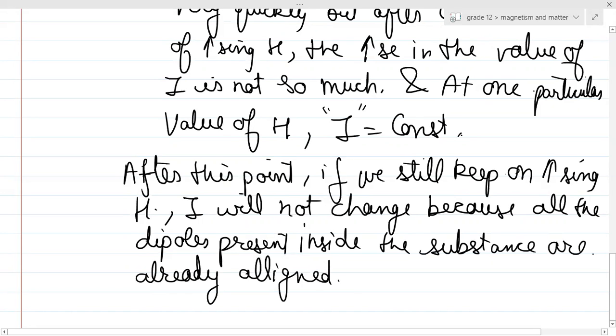Till the time the dipoles were getting aligned, the value of I was increasing with increase in H. But once all the dipoles have been aligned, I will not increase or decrease, right? Yes or no? So is point A clear, everyone? The reason also clear?